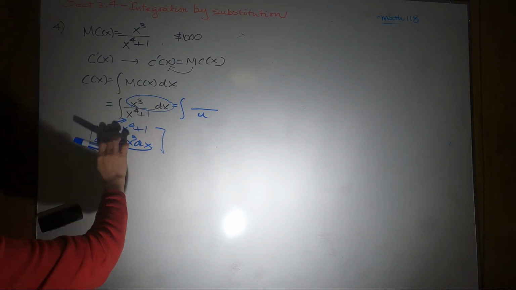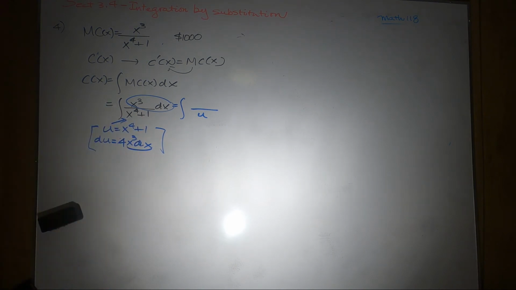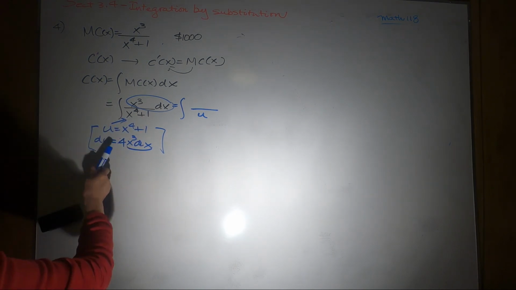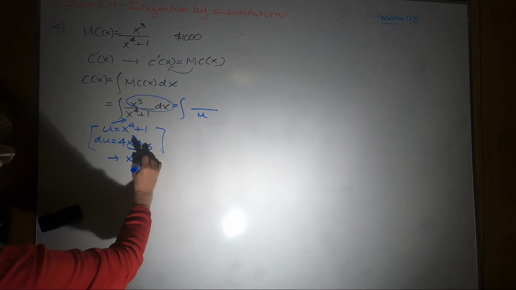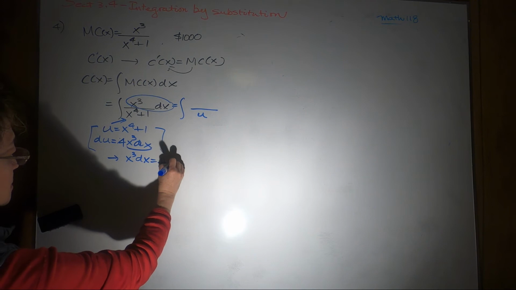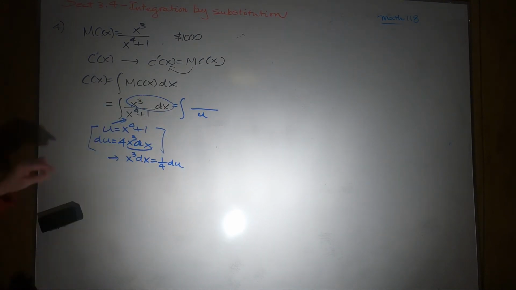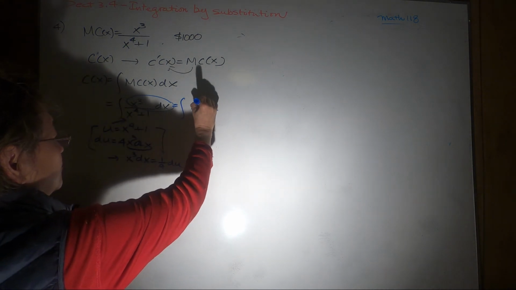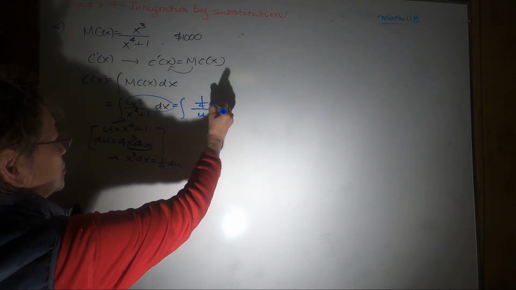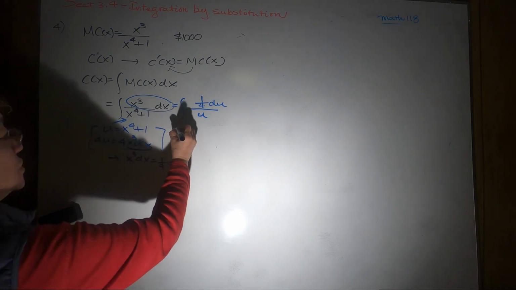Let's see, oh, I was thinking, that should be 4, right? So then x cubed dx will be what? 1/4 of du, right? So we will replace this part x cubed dx with 1/4 of du, right?